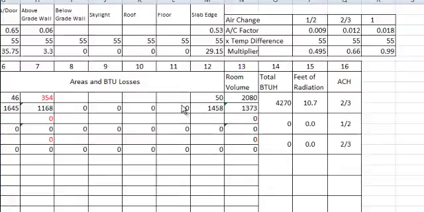Now I've reoriented our view to look at the latter end of the worksheet under room volume and air changes per hour. We determined, because of the type of walls that we were looking at, that we should be looking at about a 2/3 air change per hour. Now all of the other information that's on this line is based in per hour numbers.